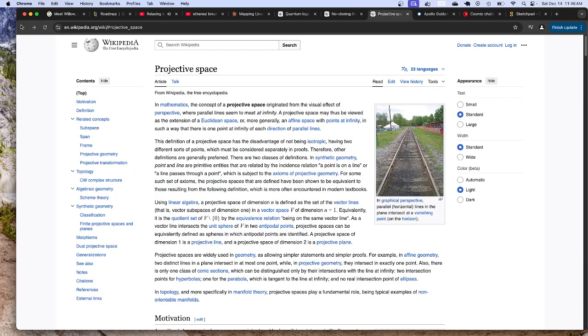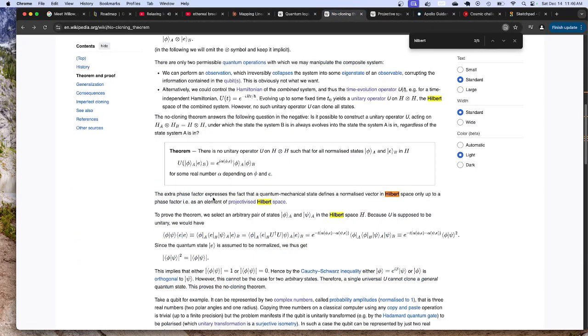Awesome. Okay, so let's go back to the no cloning theorem. Let's see, the time evolution on the Hilbert space yields a unitary operator on the Hilbert space of the combined system, the time evolution operator for time t.